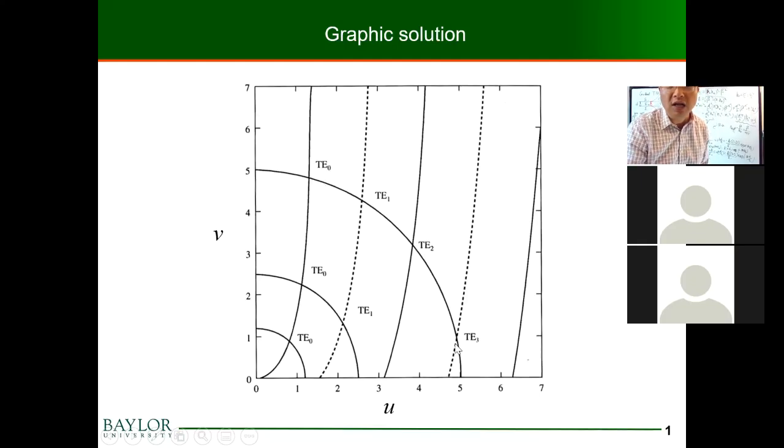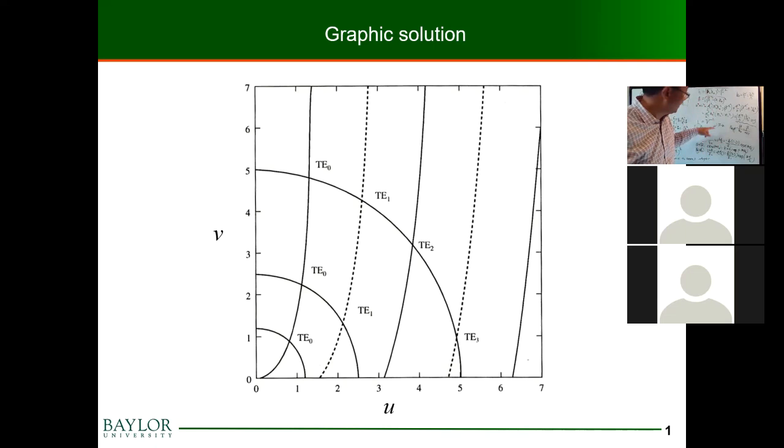How to solve it? Once we find the intersection, we have this U and V, we can come back to get H and Q.